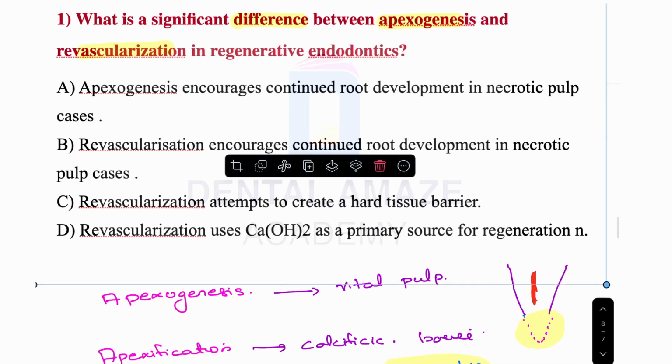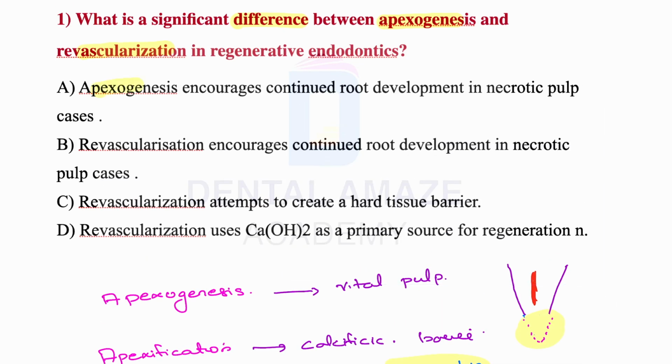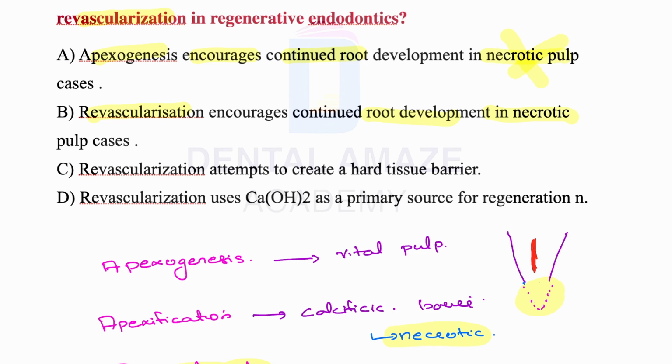Now let's come to the question. What is the difference? Apexogenesis encourages continued root development in necrotic pulp? No, it needs vital pulp. Some vital pulp is needed. Revascularization encourages root development in necrotic pulp? Yes, that's correct. Revascularization attempts to create a hard tissue barrier? No, revascularization allows further development of the root.